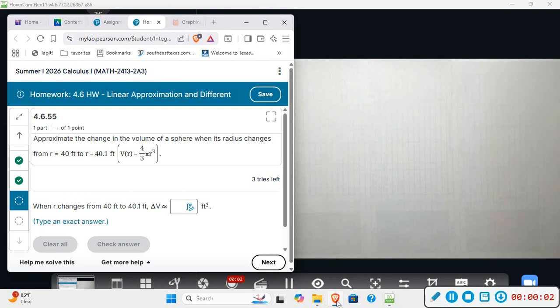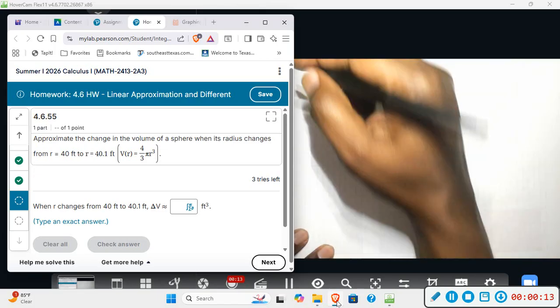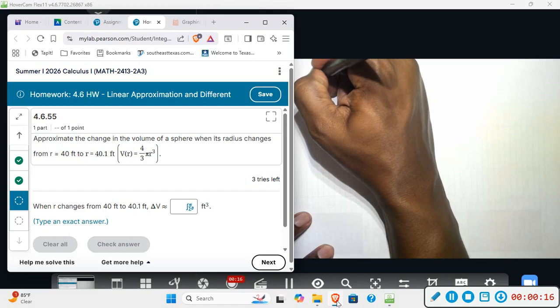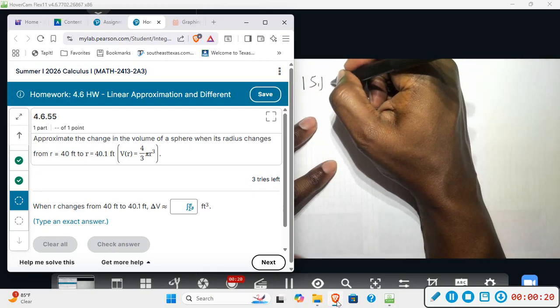All right, number 15, we want to approximate the change in the volume of a sphere when the radius changes from r equals 40 to r equals 40.1. So this is the other formula that we saw.